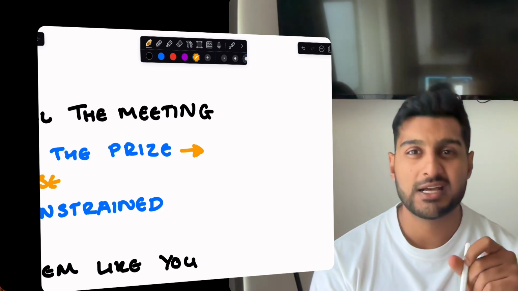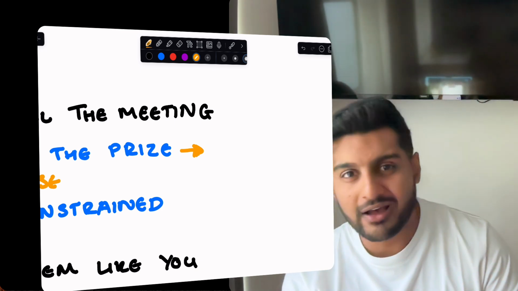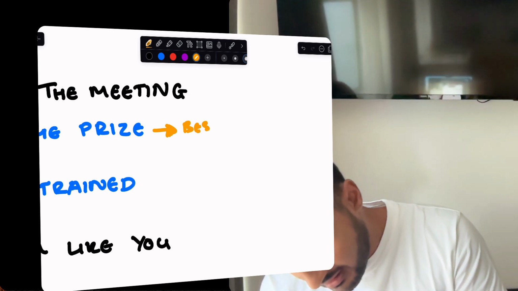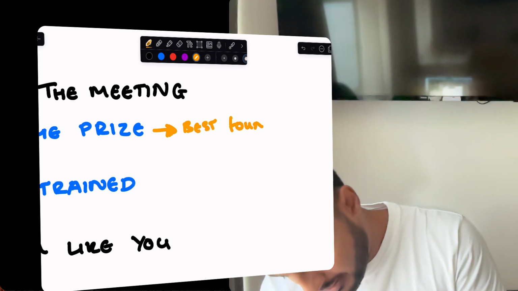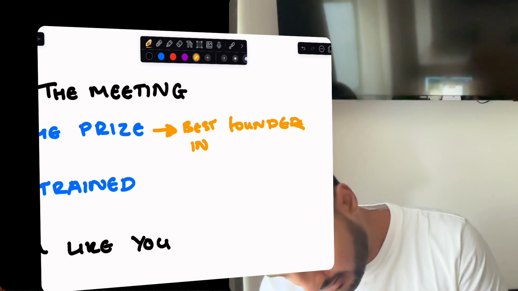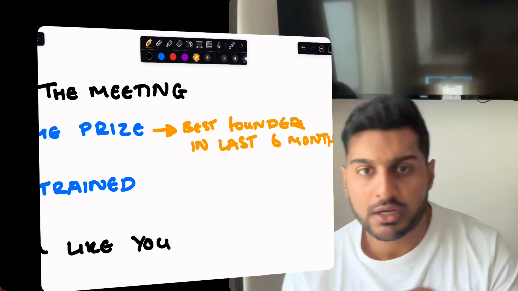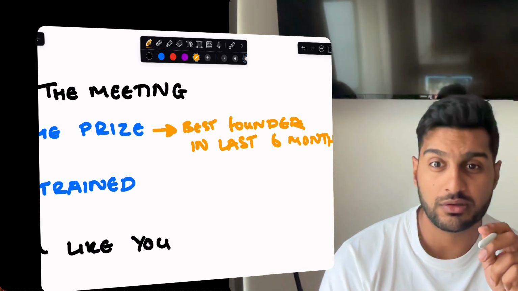So you are the prize, and you need to show them that you're the best founder they've seen in the last 6 months. You need to show them that you're that person, right?